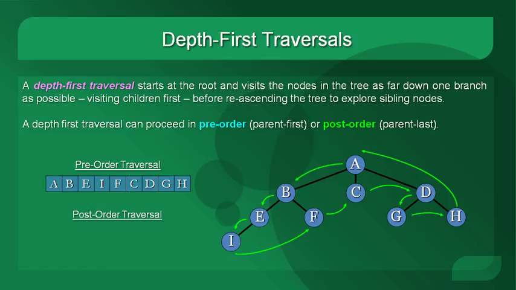In a post-order traversal, we start with the children and then parents are visited last. So in this case, we start with the leaf, I. I is visited first.